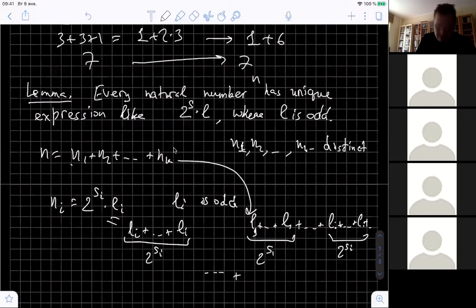And so from the pairwise distinct parts, I will obtain some odd parts. And I can do the inverse image, because the inverse map will be the following.